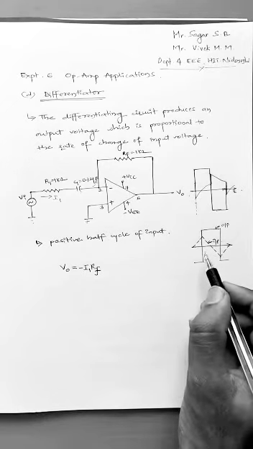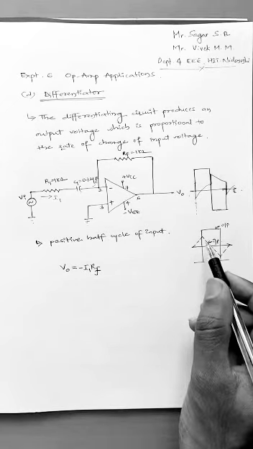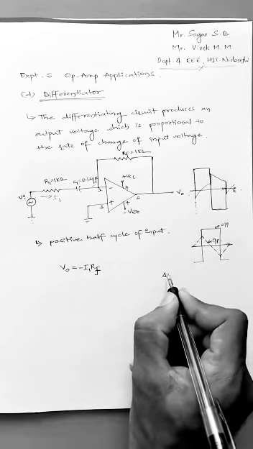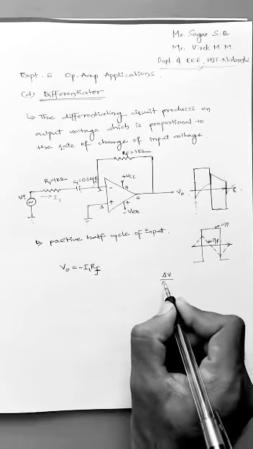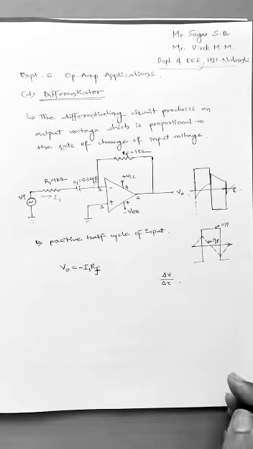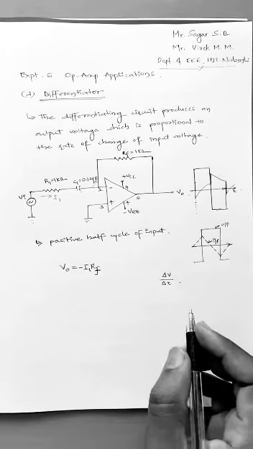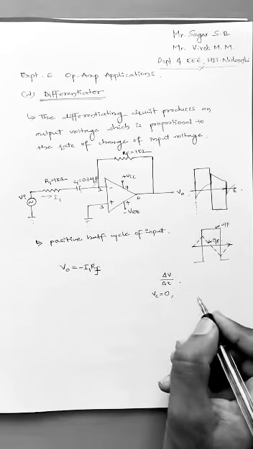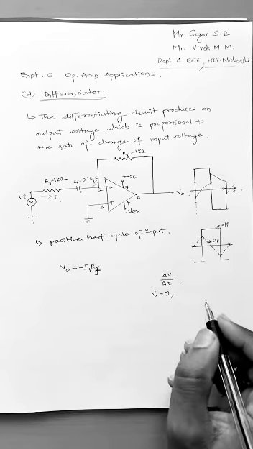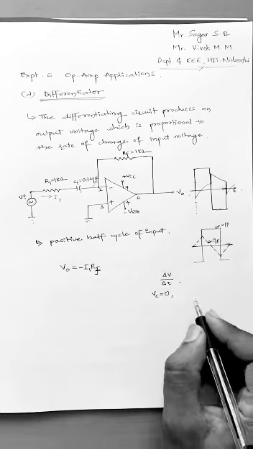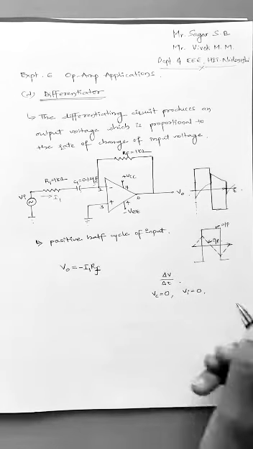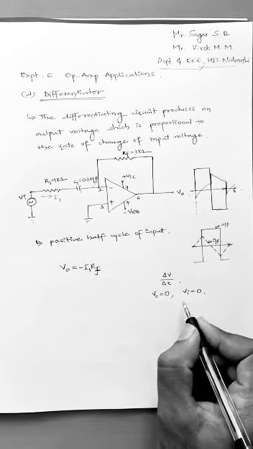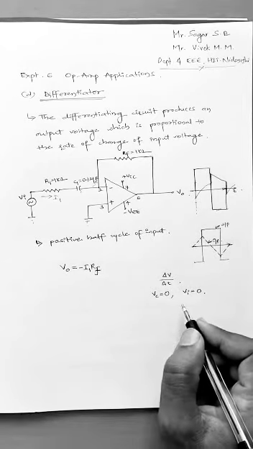When positive going, it has a rate of change, which can be identified very easily as a small change in voltage with a small change in time, del V by del T. Now assume that the capacitor voltage is 0 when the input is 0, and also assume that resistor R1 has no effect on the capacitor charging current.